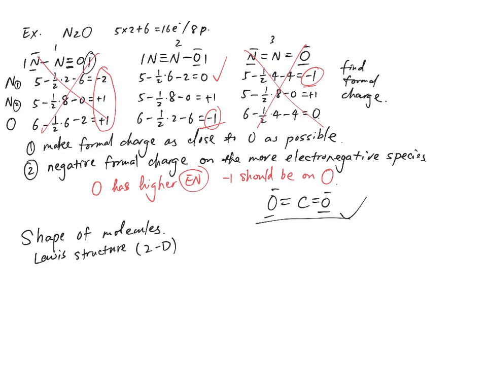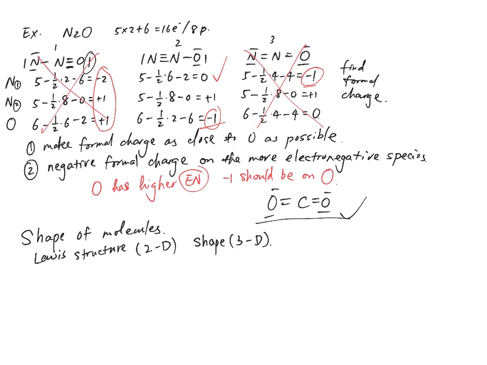Now, your molecules are not two-dimensional. Your molecules exist in the world that we're living in, and the world we're living in is a 3D world, okay? So, shape of molecule is dealing with 3D situations.